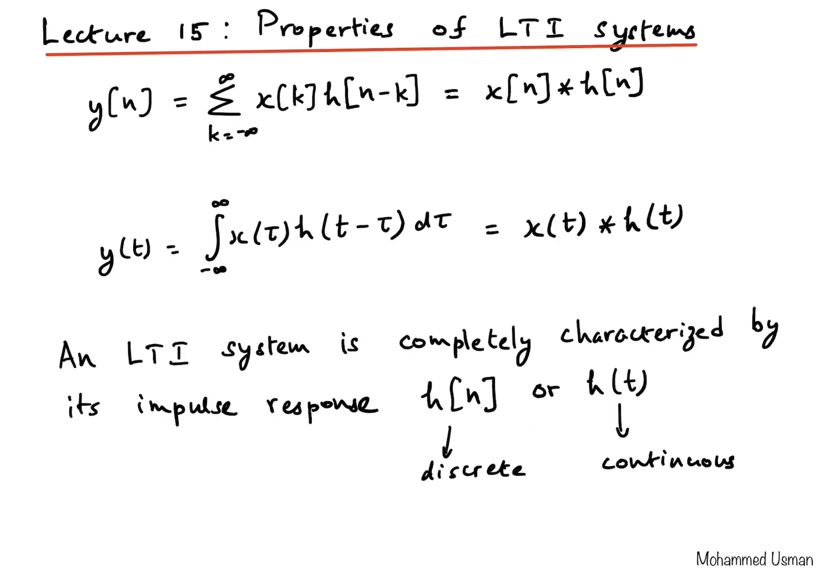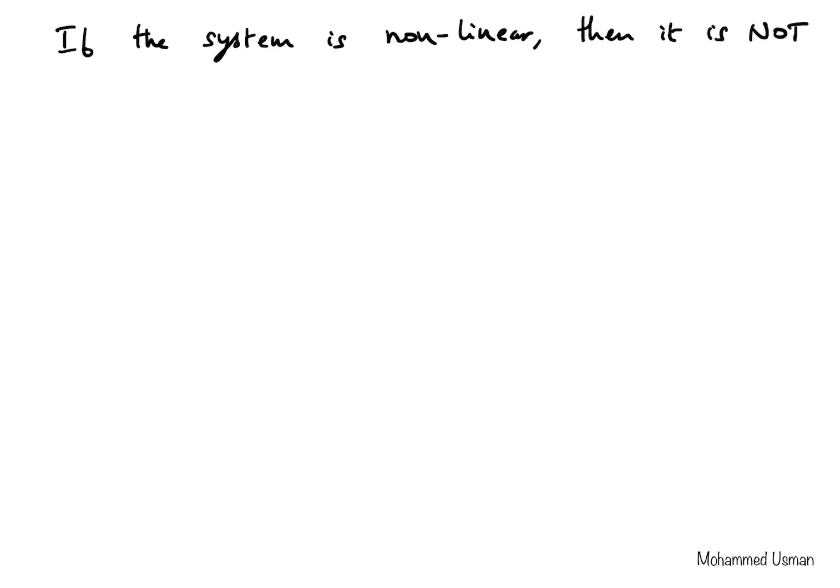However, that does not apply to a nonlinear system. If the system is a nonlinear system, then it is not completely described by its impulse response. We need further information to characterize that system. So that's the implication of this convolution operation. So if the system is nonlinear, then it is not completely described by its impulse response.